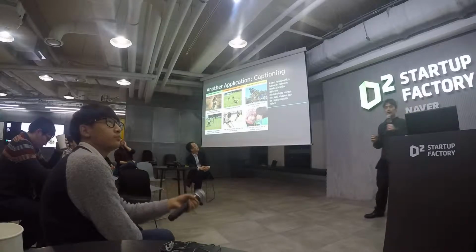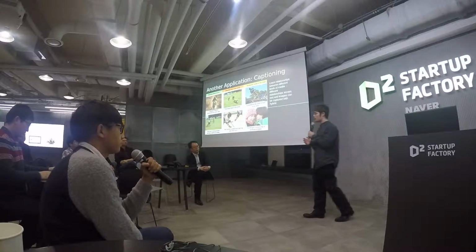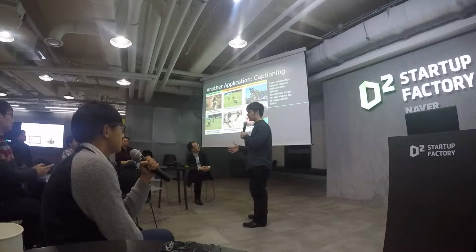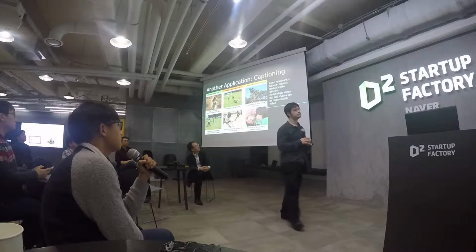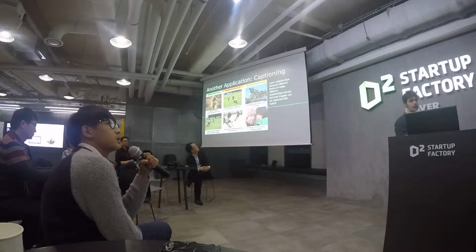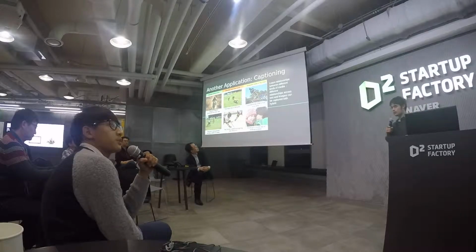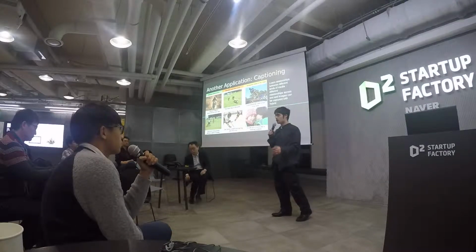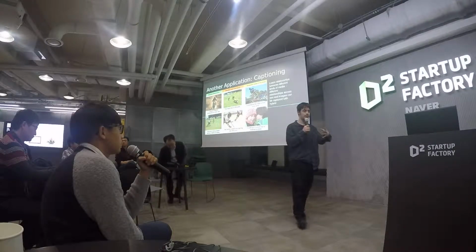So what I want to do now is go into one other application of convolutional nets plus recurrent nets: image captioning. If you Google, there's a paper called Show and Tell if you want to know more about image captioning.